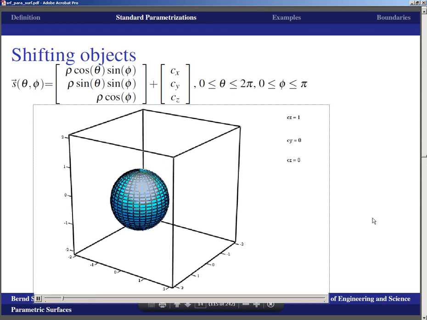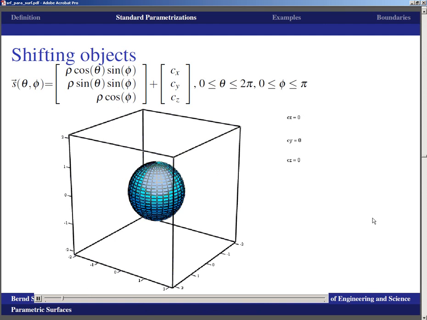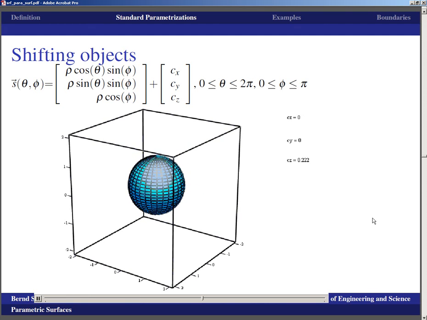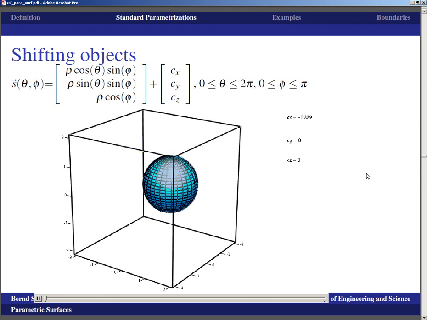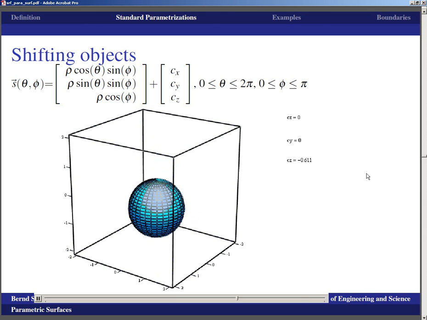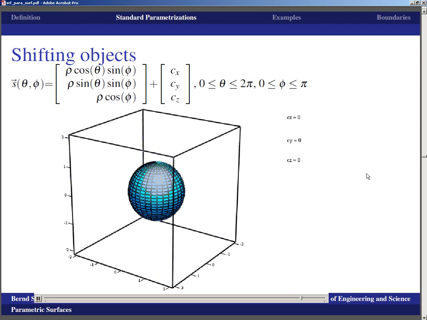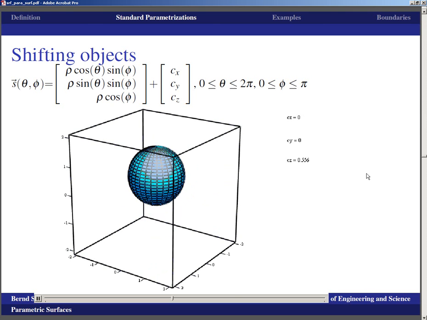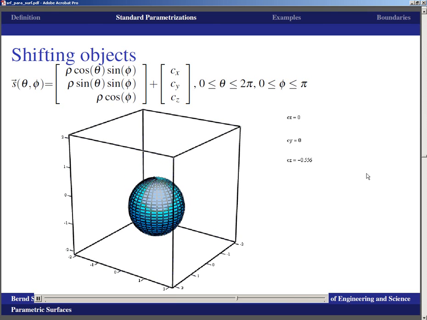So we can move the sphere or any object we want in the x direction, in the y direction, and also in the z direction. So you can see here that we have a large number of ways to move objects around, so that we could potentially also then, with multiple surfaces, represent multiple objects in space, such as multiple spheres.